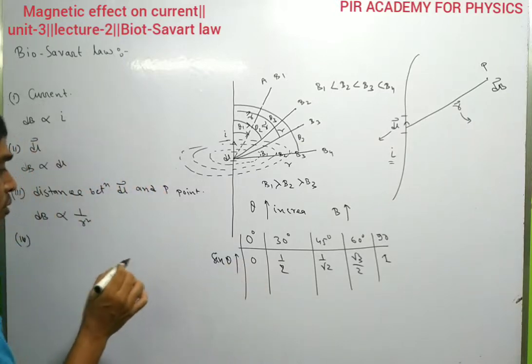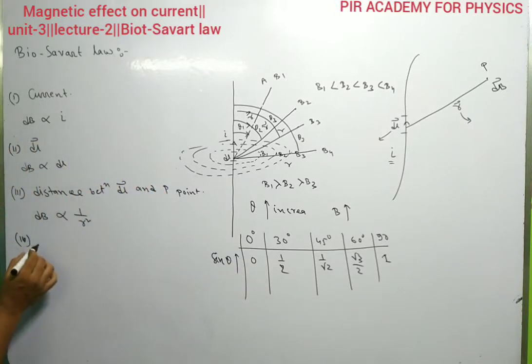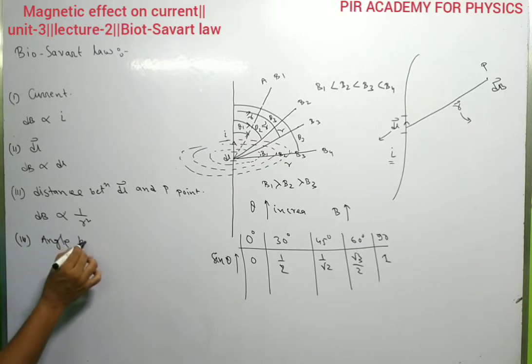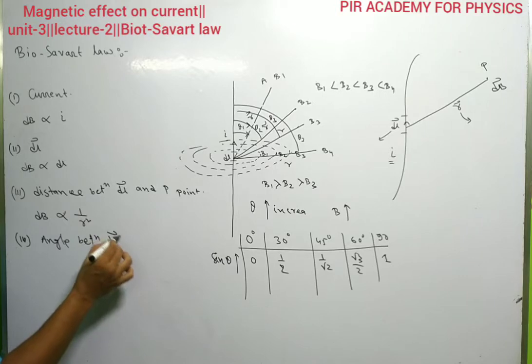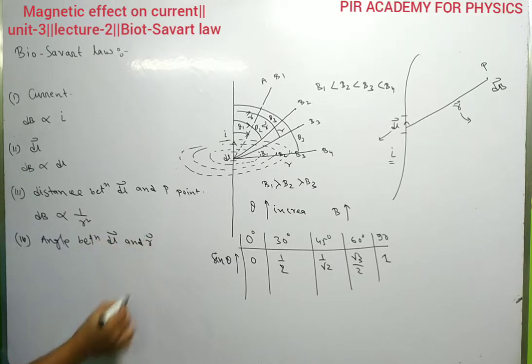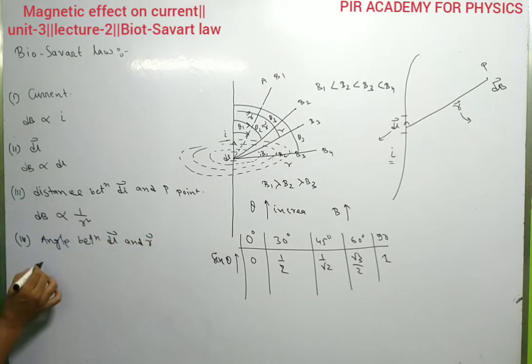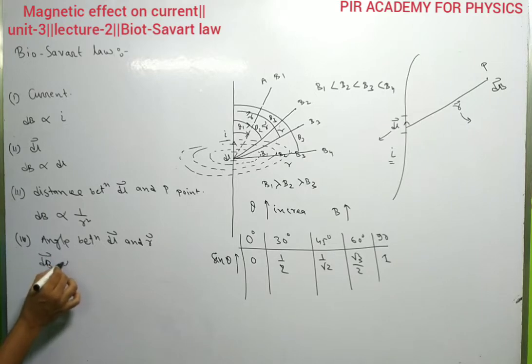So it depends on the angle between dl and the r vector. This can be written as dB is proportional to sine theta.